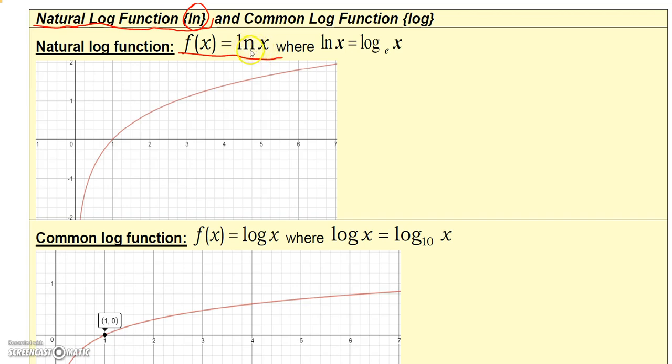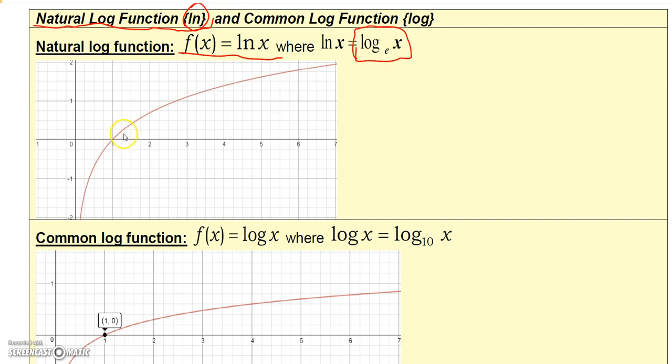This is a shortcut version, an abbreviation for saying the log of x base e. So the natural log function is simply a log function where e is the base.